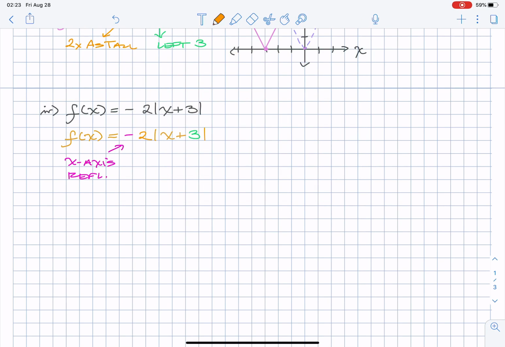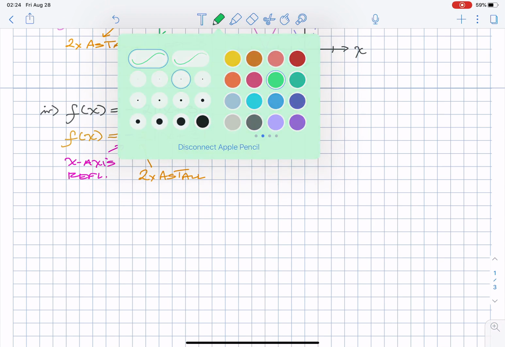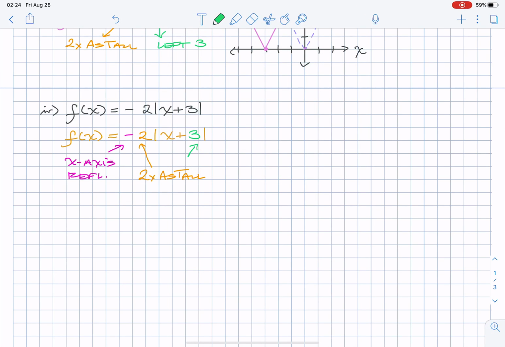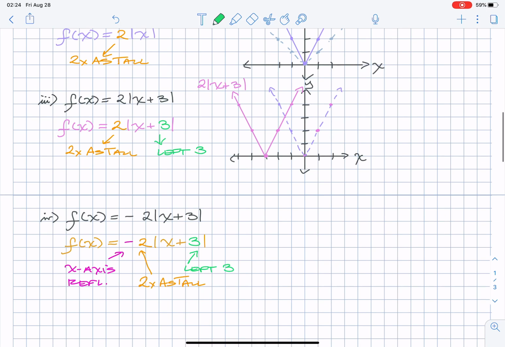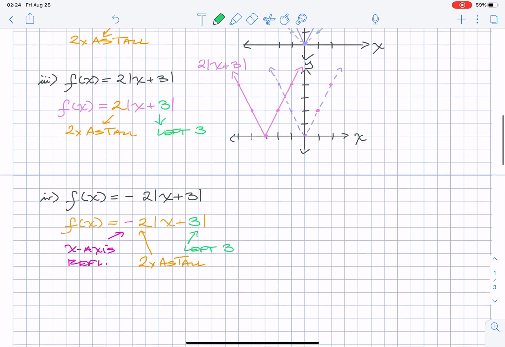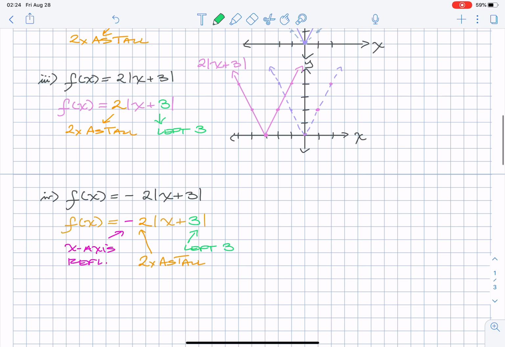I know that this 2 here is 2 times as tall. And we already know that this plus 3 is left 3. Okay, so it looks like all I'm doing to the graph above is reflecting it across the x-axis. So let's go ahead and draw this.